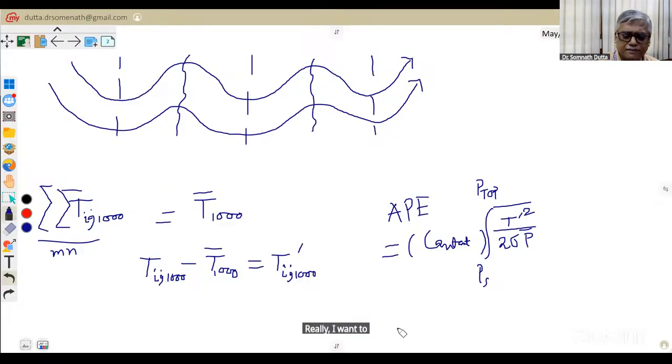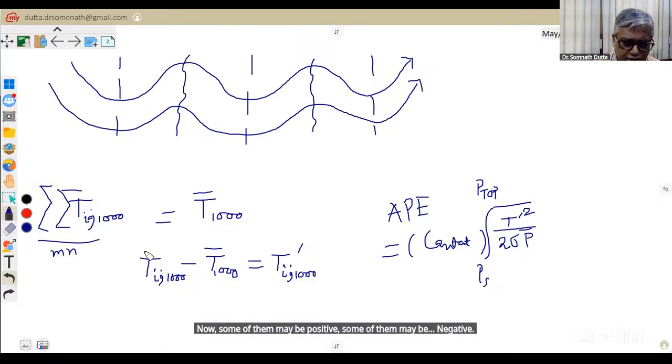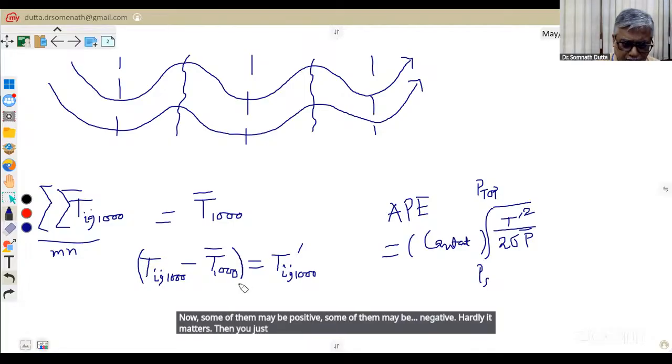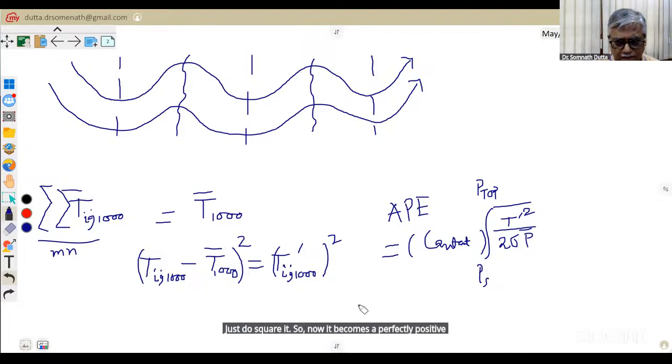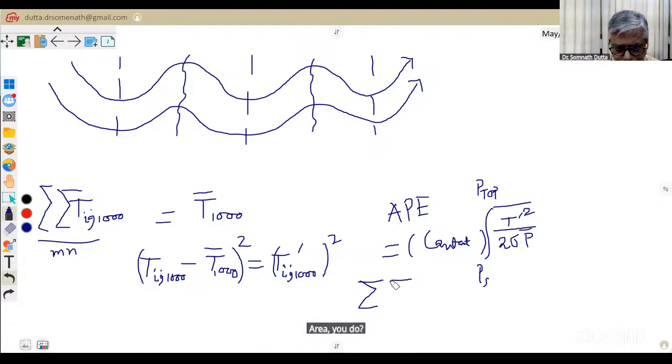Now, some of them may be positive, some of them may be negative. Hardly it matters. Then you just square it. So now it becomes a perfectly positive quantity, and this you will get for each and every ij. Then you take their areal average again.